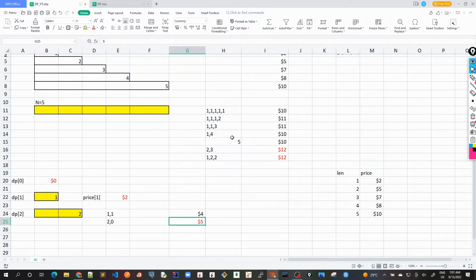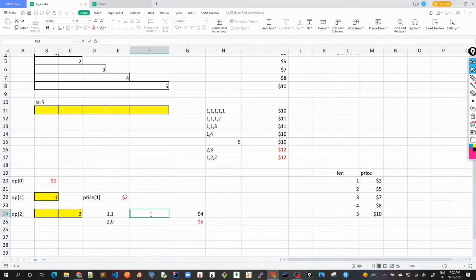This is the same as what we did in the previous video, where we checked all the combinations possible, and then we found that 12 is the maximum. So similarly, we are breaking this problem down using the bottom-up approach, and we find the maximum profit for just a length of 2. And here we found it's 5.